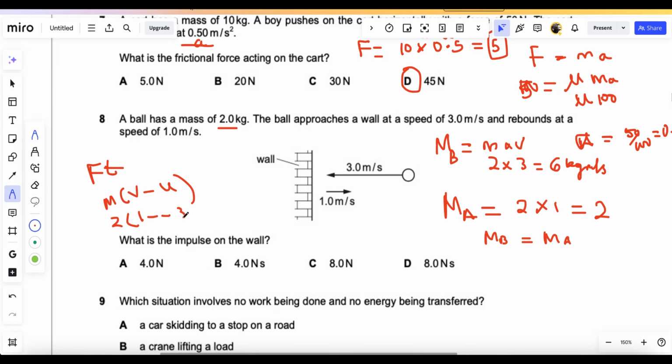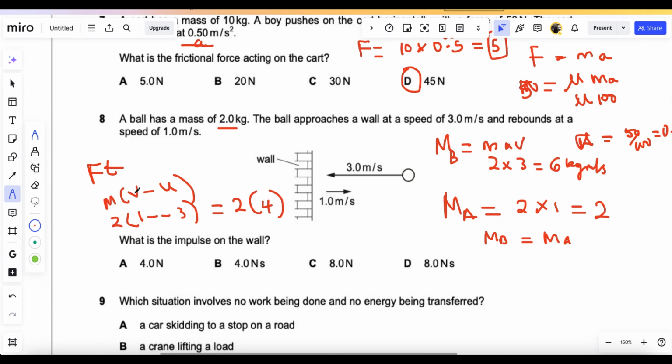There's already a minus in the formula, but because this one is to the right and the other one is to the left, you must introduce a second minus. So this will be equal to 2 multiplied by 4. Why did we do that? We did that because this speed is going this way, and this other one is going the other way.